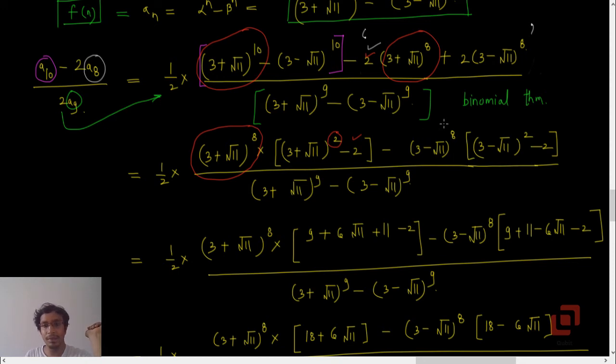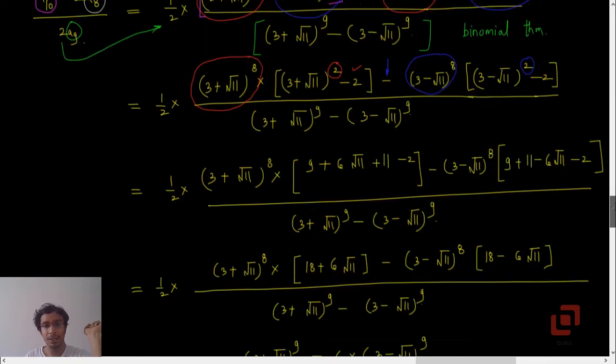I took 3 minus root 11 raised to 8 common from these two terms, so you can see that term here. Then 3 minus root 11 squared will be the first term inside the bracket because of the index of the first term being 10, and then simply minus 2. And remember, we have taken minus 1 into 3 minus root 11 raised to 8, so inside the bracket the first term will be positive and the second term will be negative.